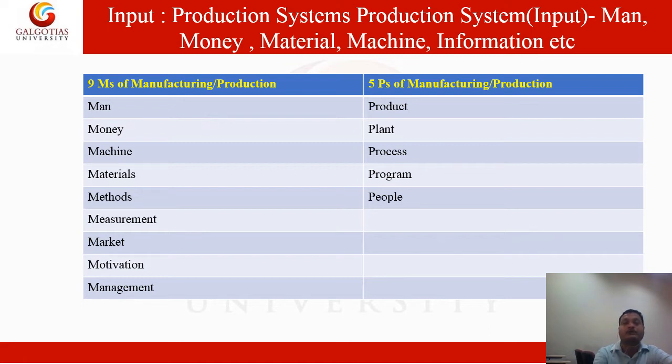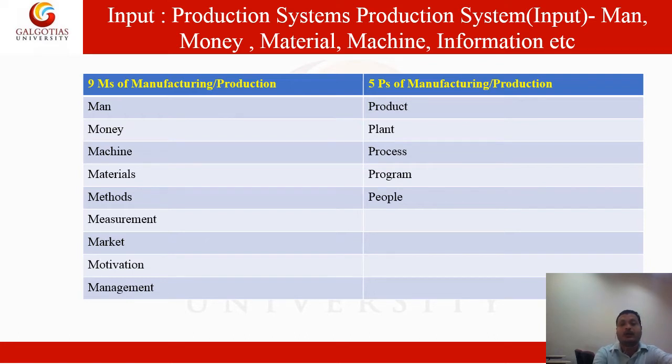And motivation is also an important factor, because whenever we motivate workers through a reward system or by recognition, the output of the production system will increase. Therefore motivation is considered a very important tool nowadays in production units. And finally management, how to deal with others. So all these terms make up the 9 M's of manufacturing.